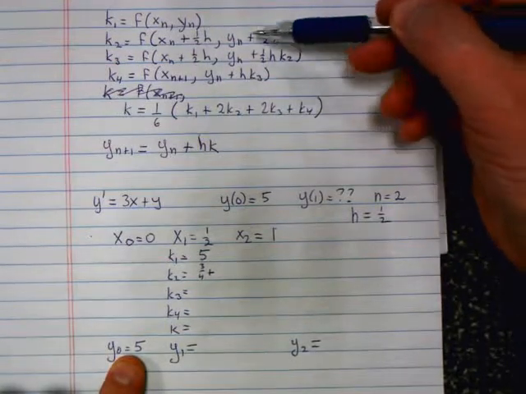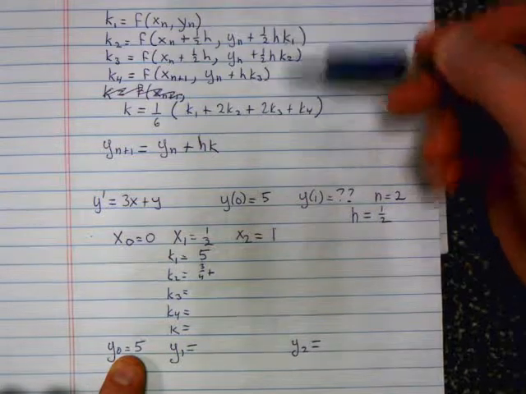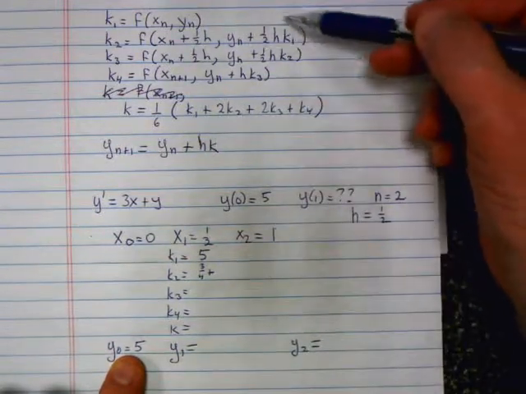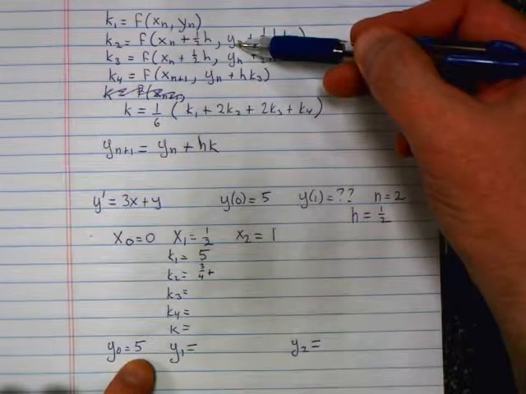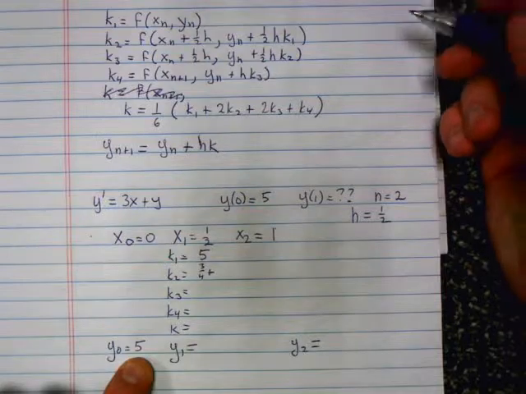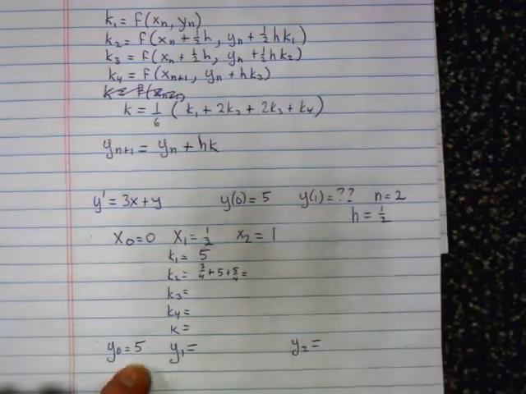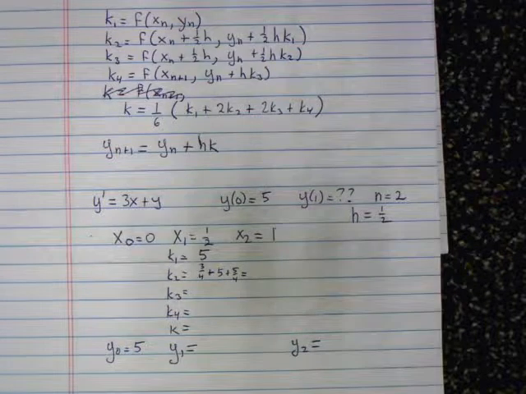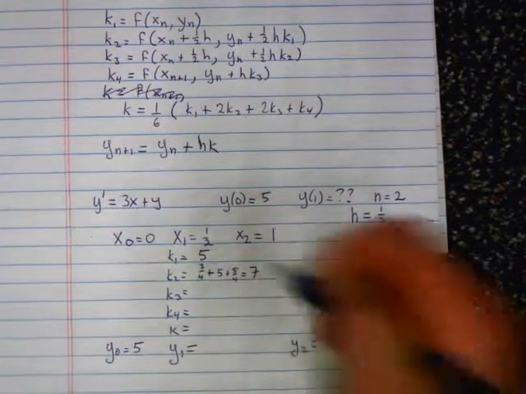H is a half, so a half times a half is a quarter, and k1 is 5, so that's 5/4 plus my y value, which was 5, so that's 5 and 5/4. So it's 3/4 plus 5 plus 5/4. That looks like it's about 7.